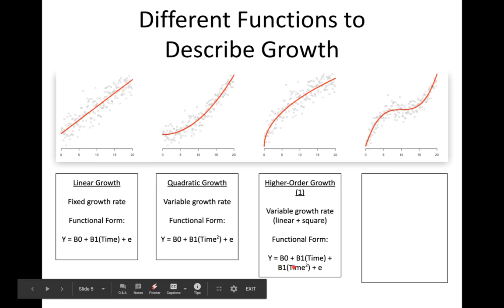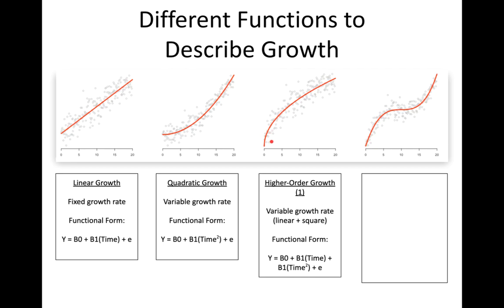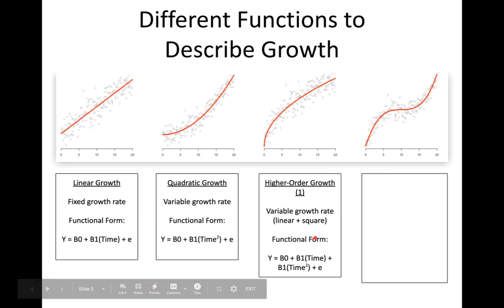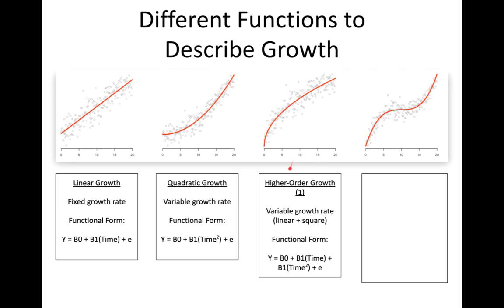What happens over time is this starts to flatten out a little bit. So this is a really fast start, and then the curve starts to flatten out and become more linear over time. This is a very common trend that you see in the social sciences. This is one we test a lot.